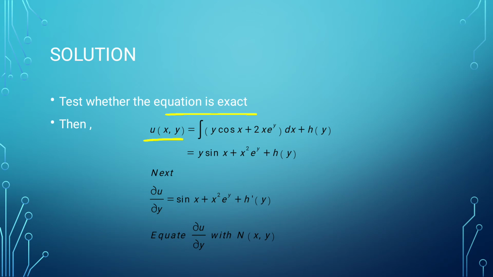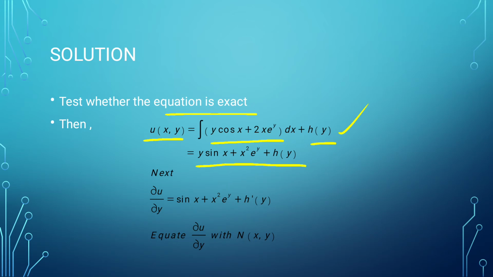you can get that function u. So we take the integral of M dx, this is our M dx, plus h(y). Integrating this bit here for M, you'll find this is true. So I'm just expanding this bit. So we have that.